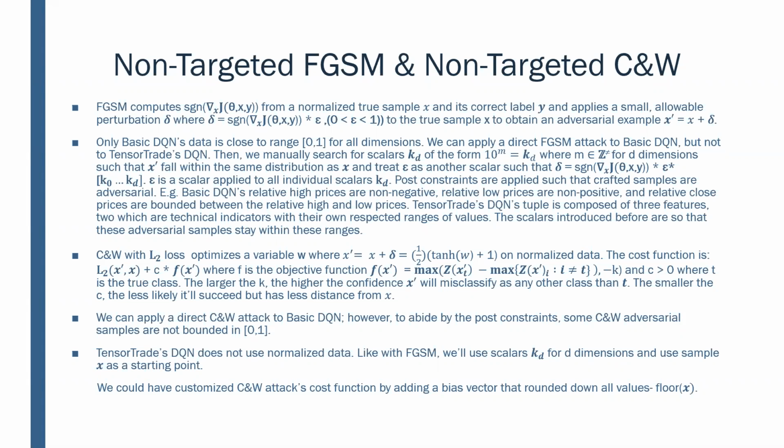If it's a non-targeted attack, we calculate the gradients with respect to the input data, such that it is pointing in the opposite direction of the minimum of the true label.